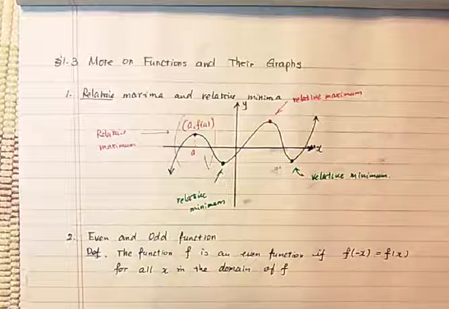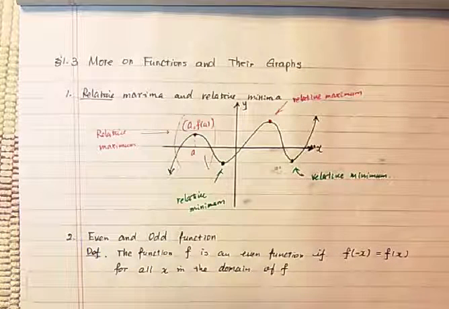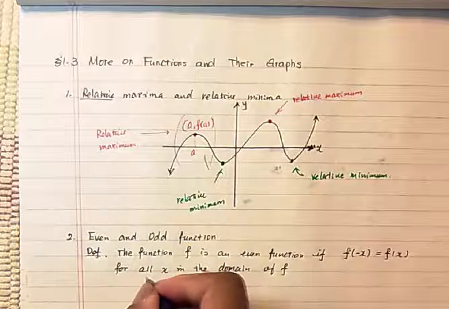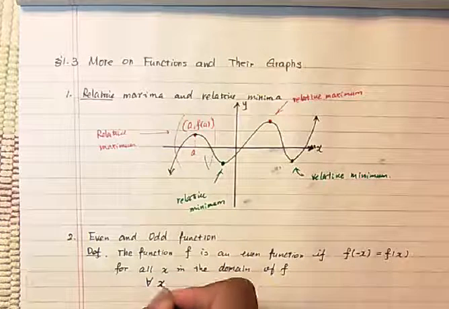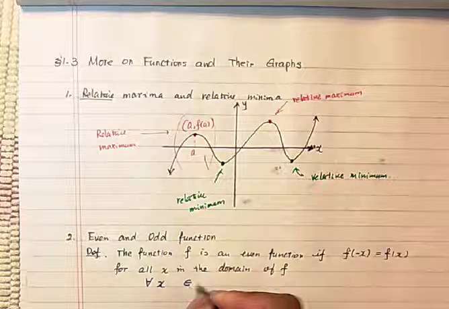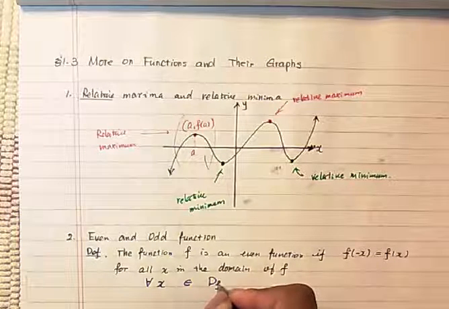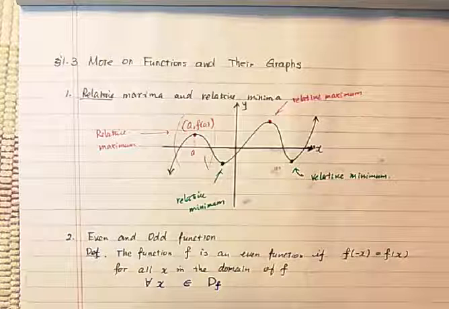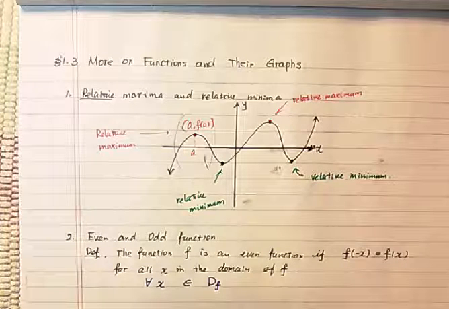Okay, later on I will apply more math symbols in here. For every x in the domain of f, that is, x is an element of the domain of f. So these are the mathematical symbols I will apply in this course.